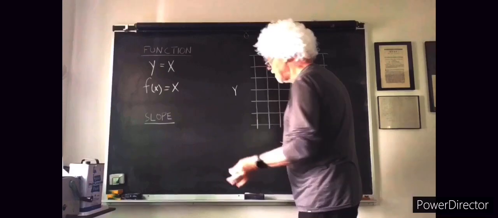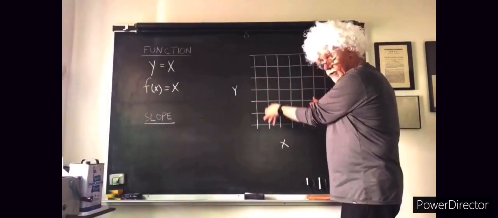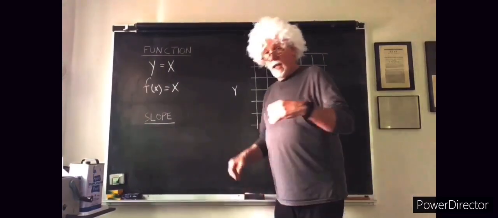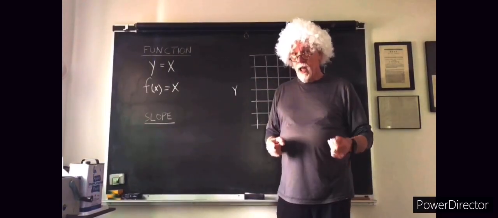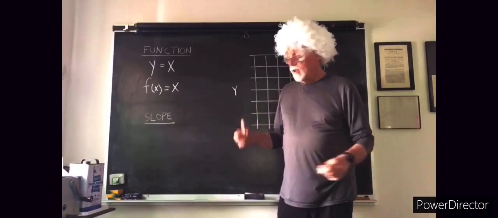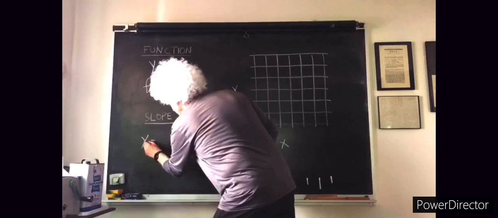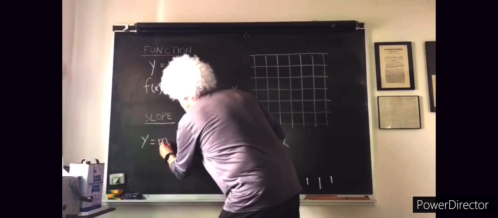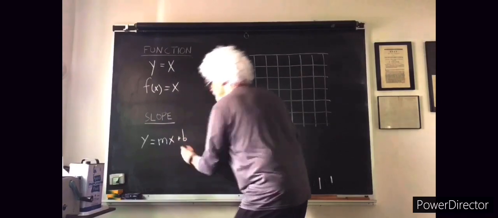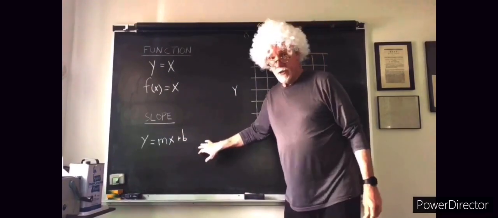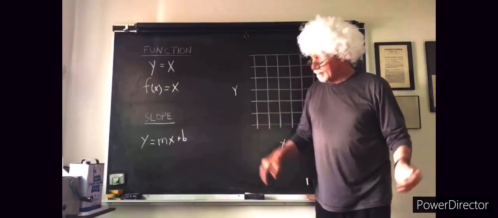Okay, we need to talk about the slope of a curve that we may put on here. And to do that, you need to remember that the definition of a straight line on a plot is y equals mx plus b. That's the definition of a straight line on this plot, or any plot.